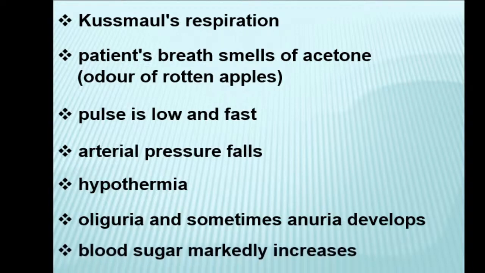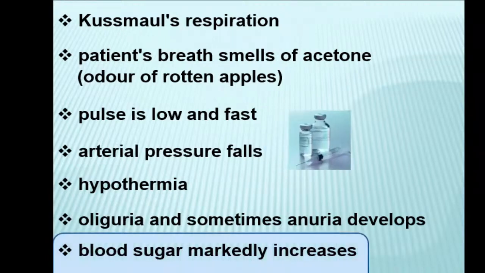Objective signs of hyperglycemic coma are examination of blood for the level of blood sugar and examination of urine.